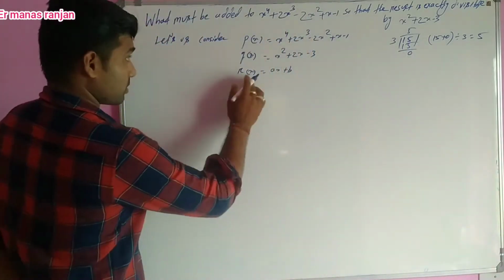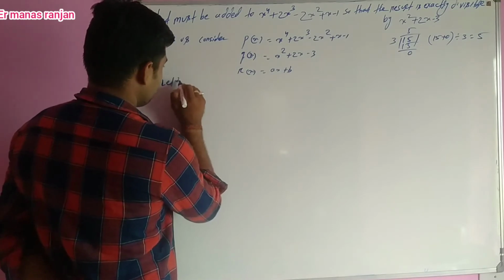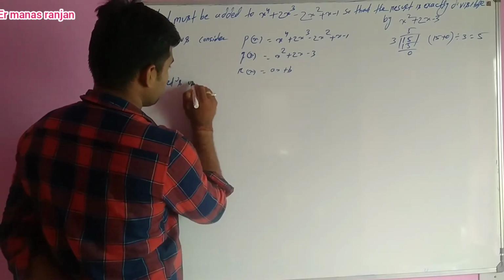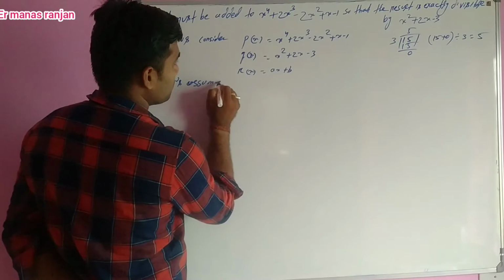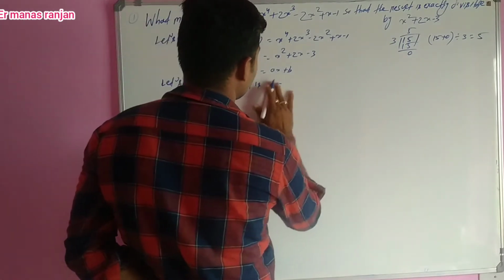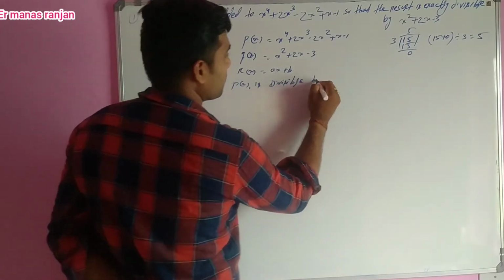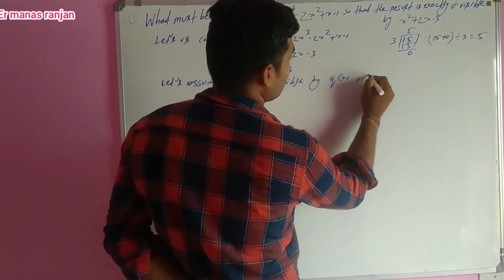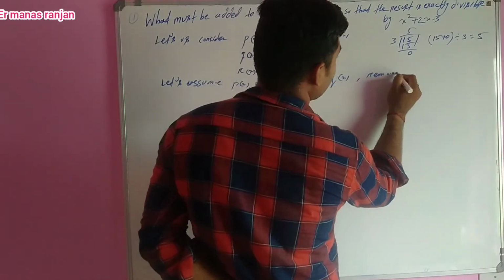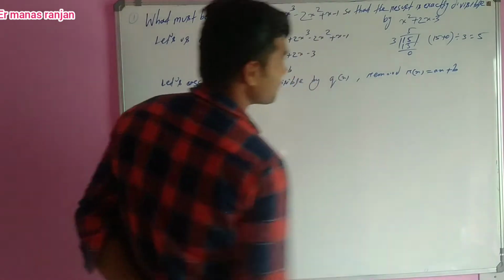So let's assume P(x) is divided by Q(x) with remainder R(x) = ax + b.